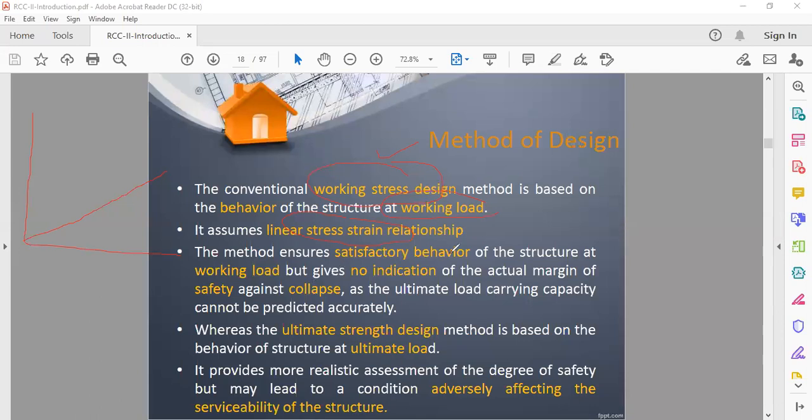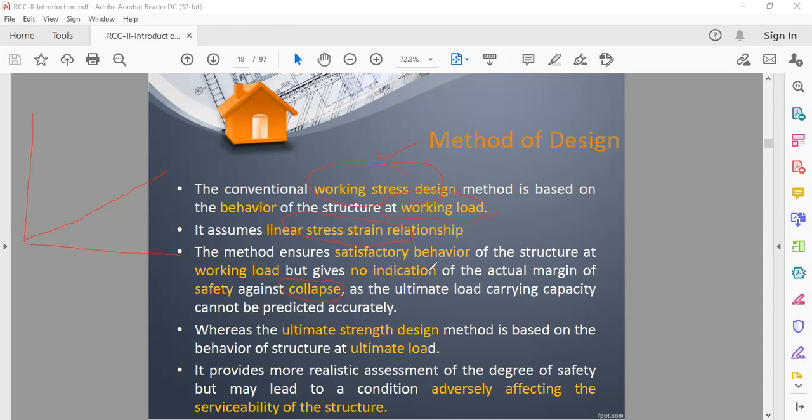The method ensures satisfactory behavior of the structure at working load, but gives no indication of the actual margin of safety against collapse. As we have seen, though a structure may collapse because of certain things, it should give sufficient time and warning so that occupants may vacate. That is a very important part.